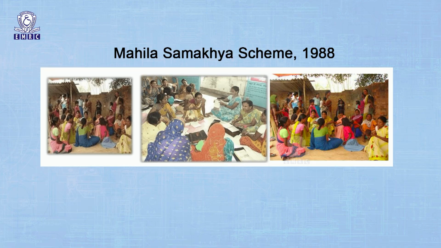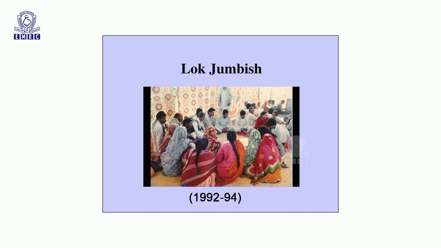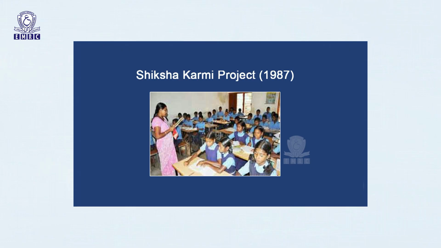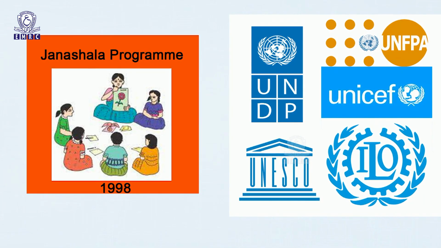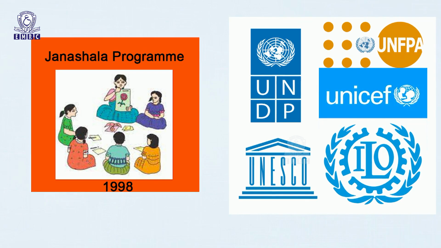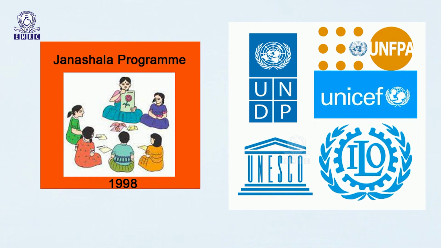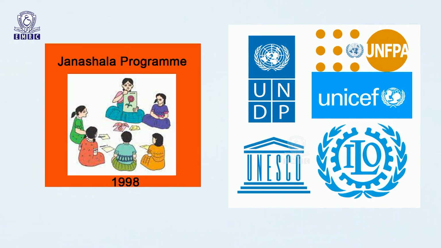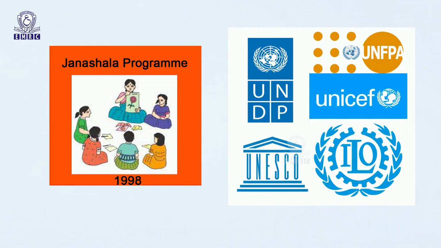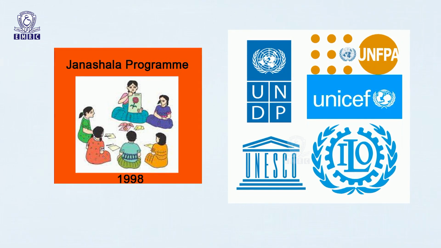Education Guarantee Scheme and Alternative and Innovative Education, Mahila Samakhya Scheme 1988, Teacher Education, Lok Jumbish 1992-94, Shiksha Karmi Project 1987, Janshala Program, the joint program of the Government of India and 5 UN agencies, UNDP, UNICEF, UNFPA, UNESCO and ILO was started in 1998.